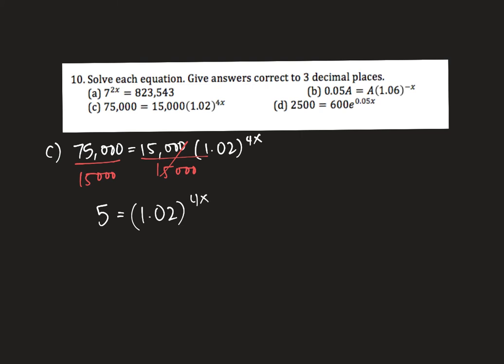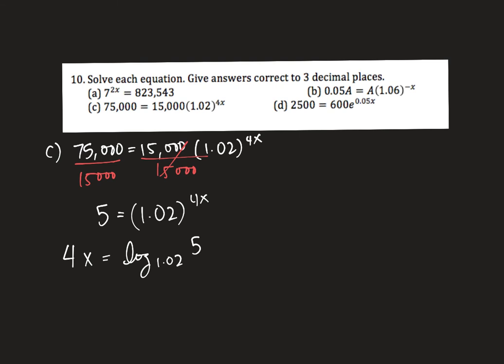I'm going to take the logarithm of each side of base 1.02, or just set up that equation. It's going to be 4x is equal to, oh sorry, logarithm base 1.02 of 5.